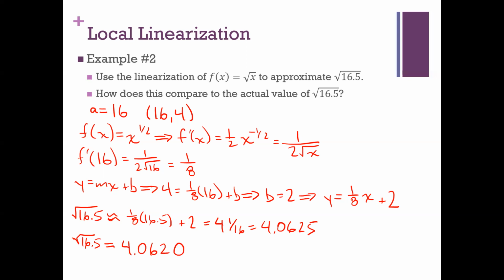A line is a really, really simple thing. So if you're going to approximate something a lot more complicated, it's going to be a bad approximation for the most part. But you can approximate it around a single point. Any questions here? Okay.